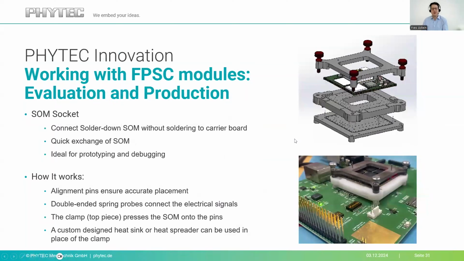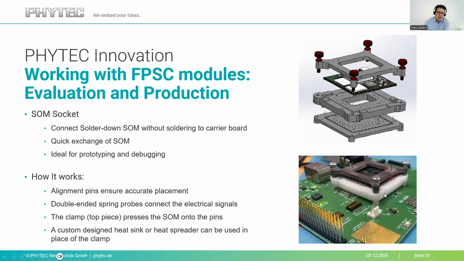And we've also had some thoughts about design for manufacturability. This is more for debugging and for the development phase. We've created a connector which doesn't have to be soldered, so you don't have to solder the system on module.